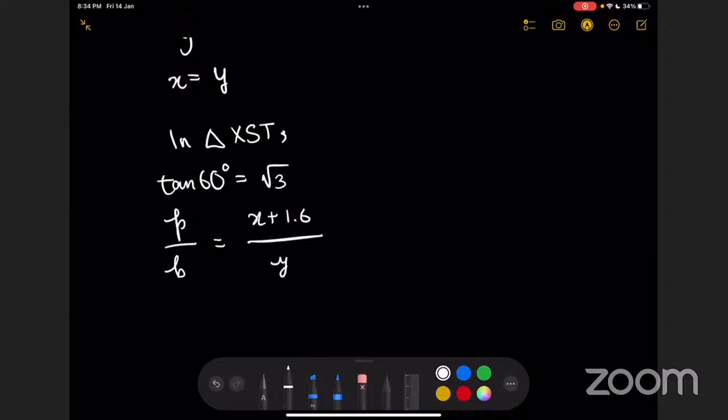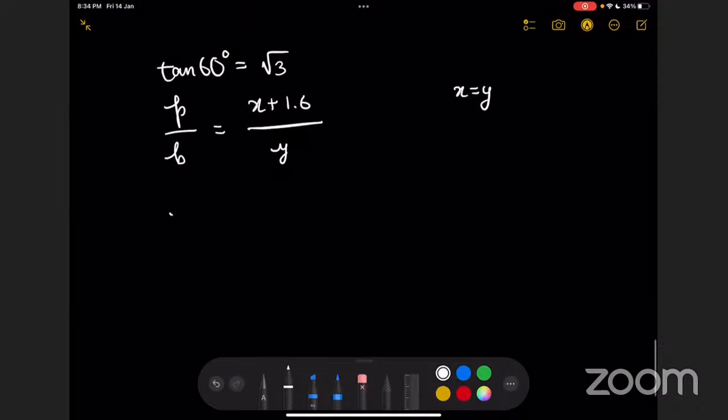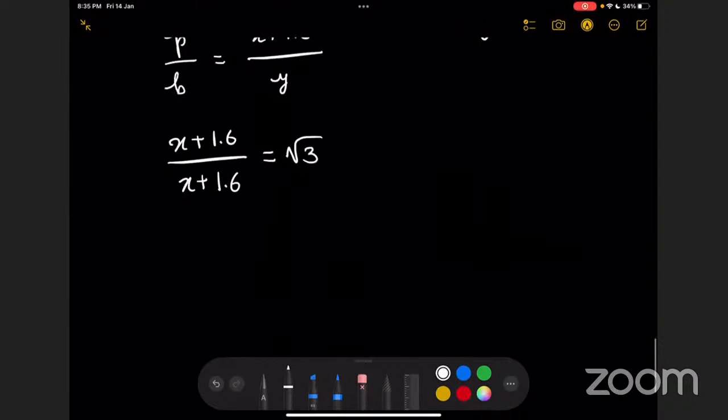But we know that x is equal to y. So in reality, it's just x plus 1.6 upon x plus 1.6, which equals root 3.